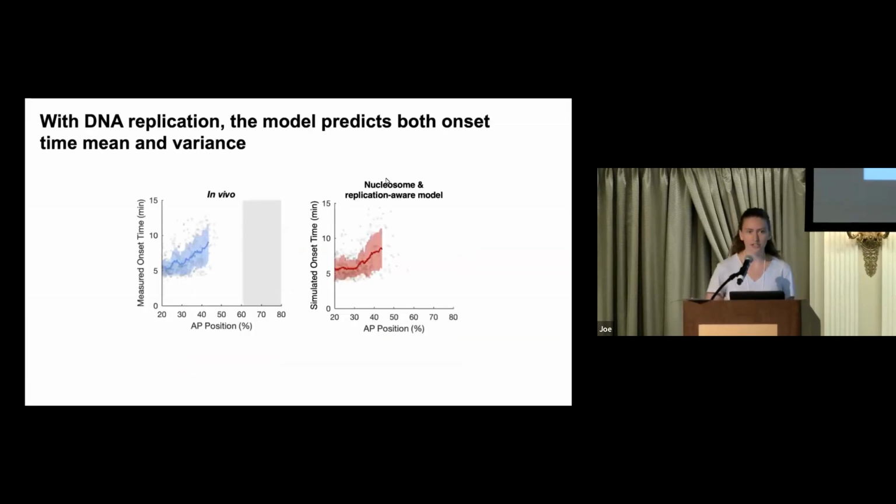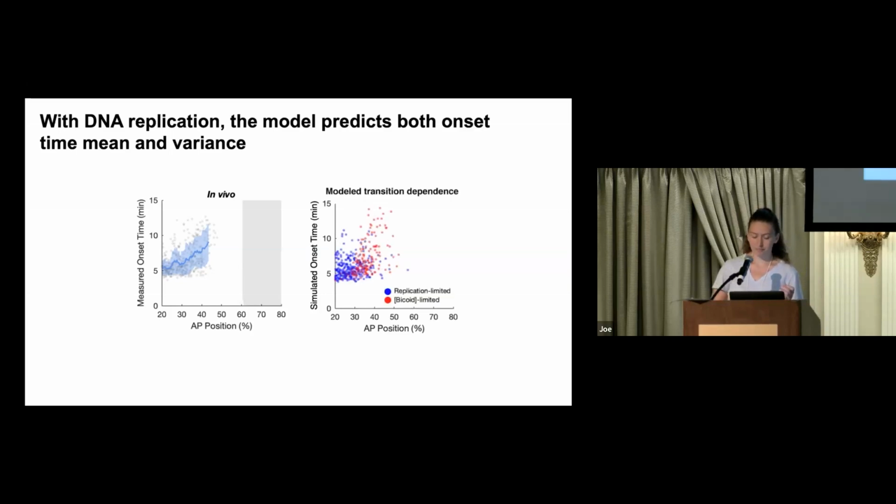With the incorporation of DNA replication, the simulation now predicts the mean and variance of onset times in the anterior of the embryo where Bicoid concentrations are very high. Furthermore, the model still incorporates nucleosome competition and is able to simulate the posterior boundary of gene expression.